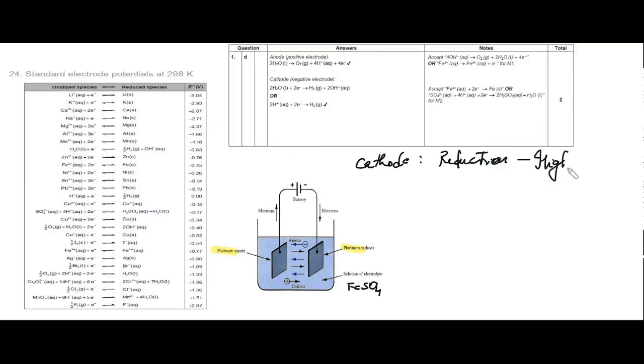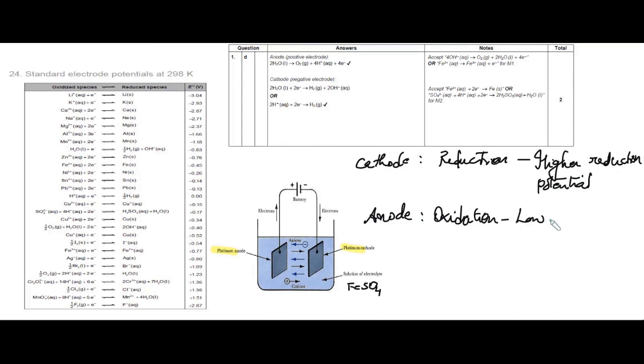So those particles which have higher reduction potential will be getting reduced at the cathode. At the same time, at the anode, oxidation will be happening. And as far as oxidation is concerned, the particles with lower reduction potential value will be undergoing oxidation at the anode.